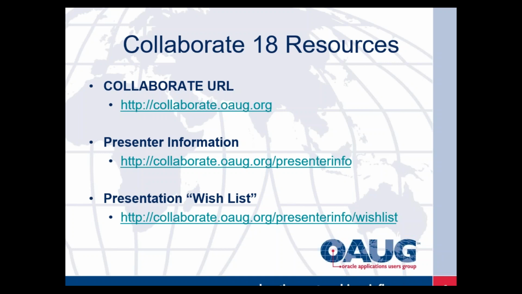However, Quest will accept no papers on EBS. We accept no papers on PeopleSoft. OAUG accepts no papers on PeopleSoft or EBS. So you need to go look at our tracks. You need to go look at the tracks for the other two user groups. If you don't see your topic listed in the track for the other user groups, because those tracks have either shared or definitive owners, then pick the user group that owns that track.